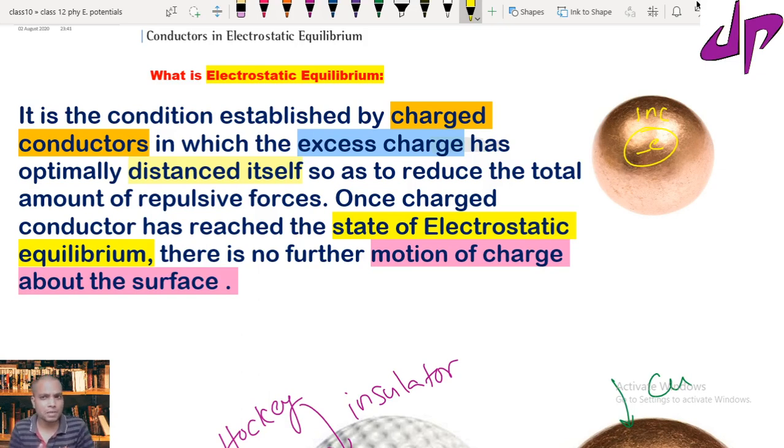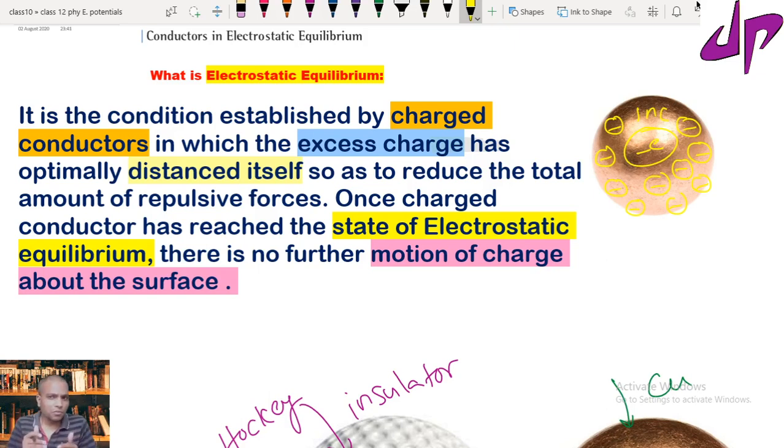Why do they separate by themselves? Because all are having negative charge. All the charges separate quickly, in what we can call infinitesimal time. It takes around 10 power minus 9 seconds. Within that time the entire excess charge is distributed equally all over the surface of the conductor.